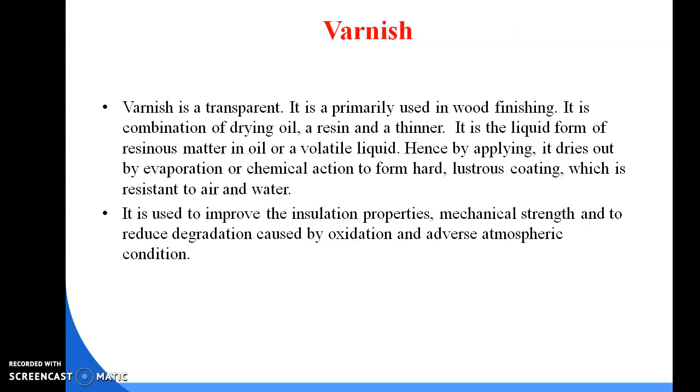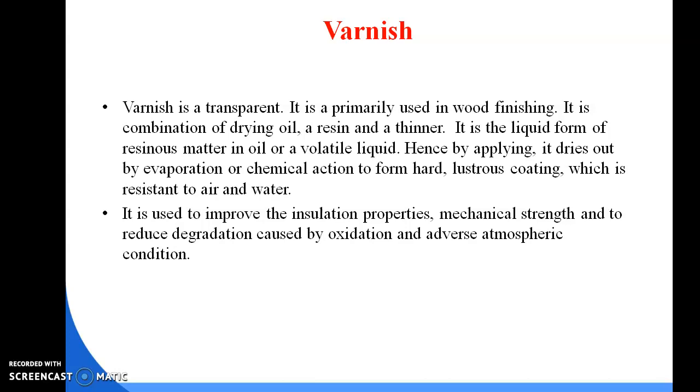We discussed that these are the oil insulating materials. So varnish is transparent. It is primarily used in wood finishing, and it is a combination of drying oil, a resin, and a thinner.